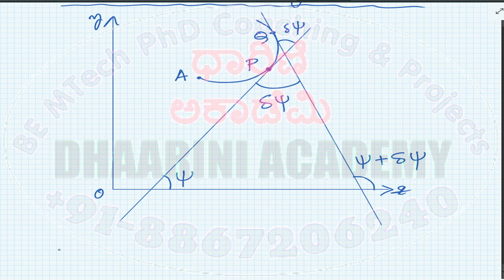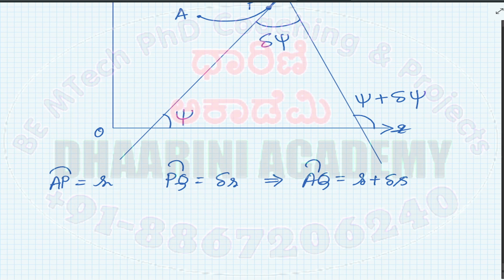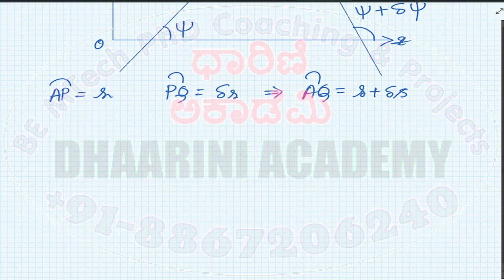The AP curve length is what I'm going to call S. Now the PQ curve is very small, and I'm going to call this delta S. This implies if I want to write the curve AQ, then that will be equal to S plus delta S. This is directly written from the diagram we are referring to now.